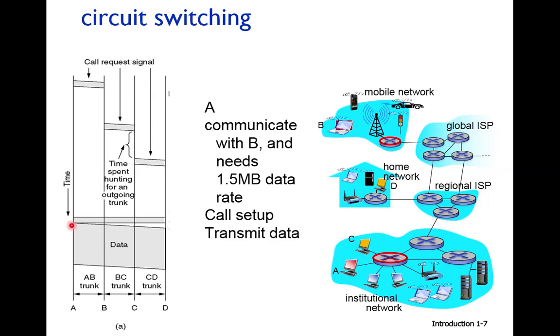When one bit is transmitted, it will directly move from A to B. There will be no waiting time. The only delay is the moving speed, the speed with which the data is moving. And there is no data loss, because this link is already reserved for A to B, so it will be used directly.